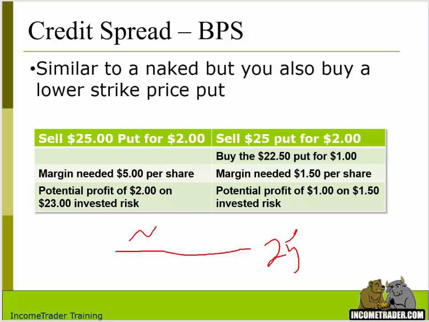As long as the stock stays above, any money that we sell at this strike price will remain in our favor. But just because we're kind of new and we never know what the stock market's going to do, we're going to buy some protection down here. We're going to enter a lower strike price, a lower put, and I'm going to buy that just in case. So in this case, I'm going to buy the $22.50 put right now.